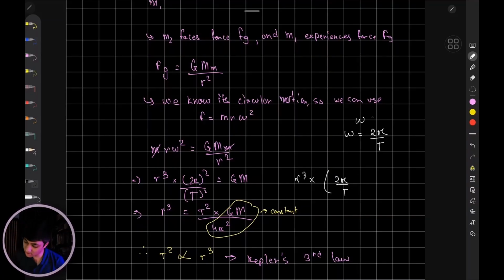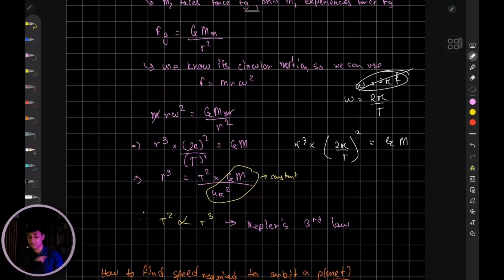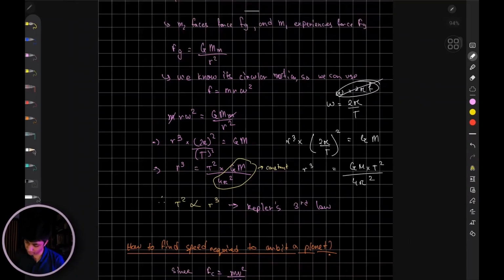You can also write it as omega is 2 pi f, but this is not going to help us over here. So we can write (2 pi by T) whole squared times r cubed is equal to GM. Now what you can do is take everything to the other side, leave the r cubed, and what you're going to have is GM times T squared divided by 4 pi squared.